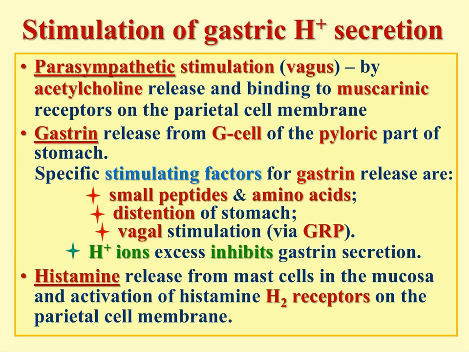Histamine is released from mast cells in the mucosa, and it also stimulates the secretion of hydrochloric acid by activation of specific histamine H2 receptors, which are located on the parietal cell membrane.